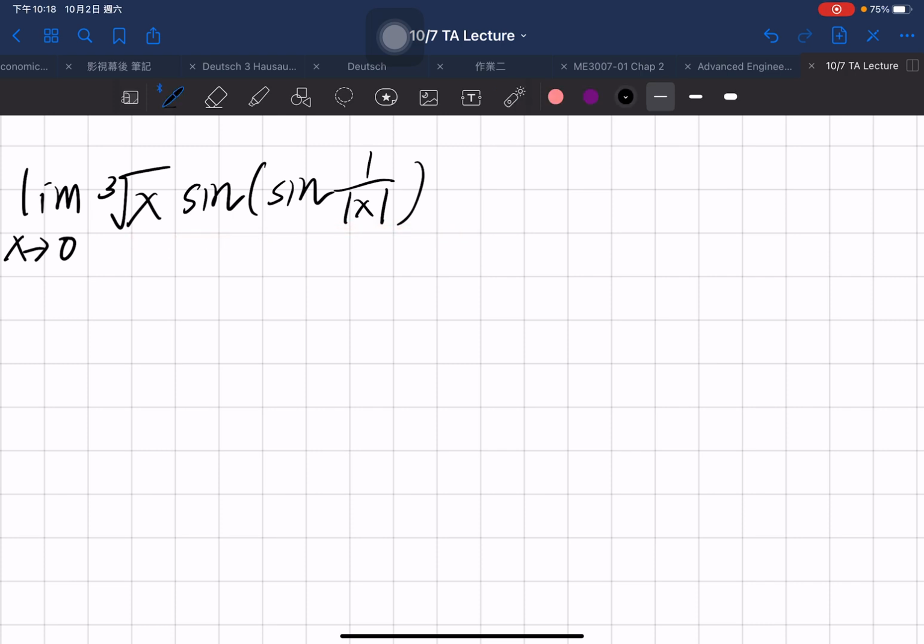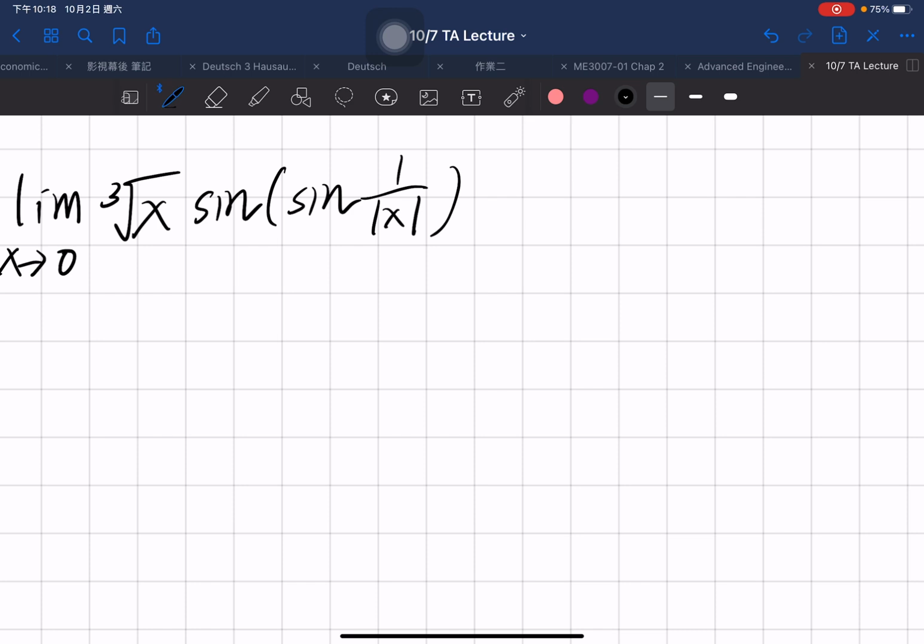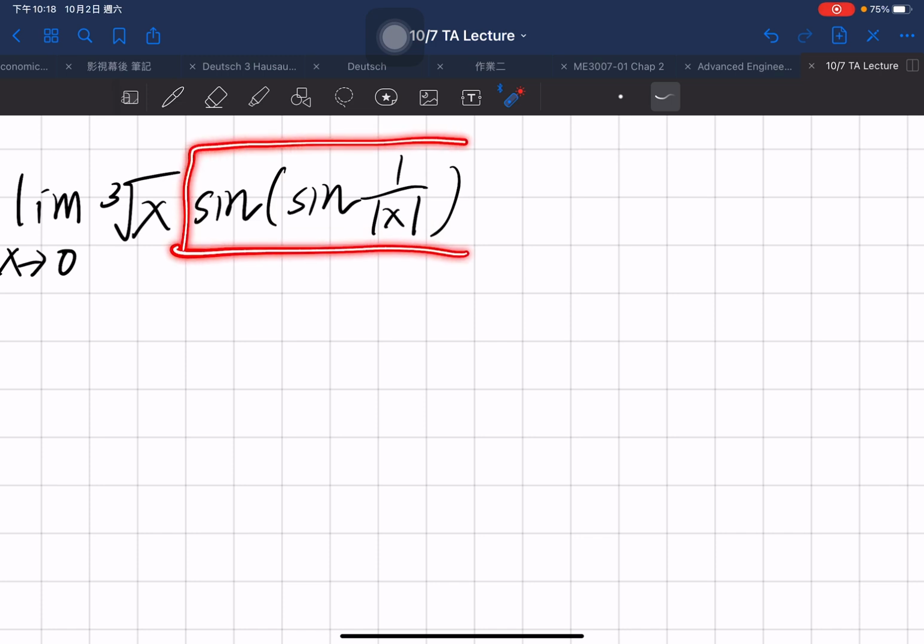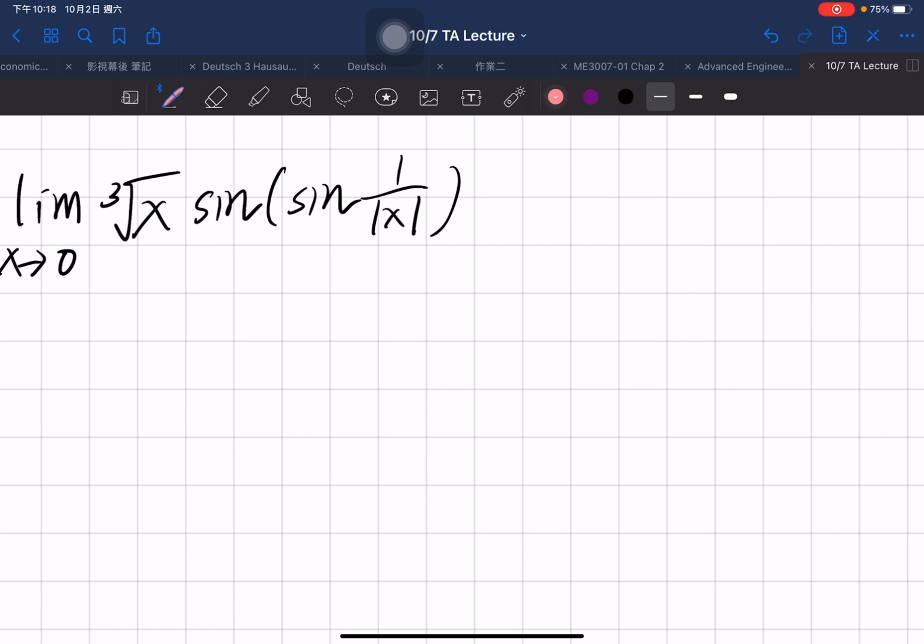Okay, so just keep in mind that anything inside the sine doesn't matter because you are blocked by a sine. So this whole term will be bounded, right? Which means that any term inside this isn't important.